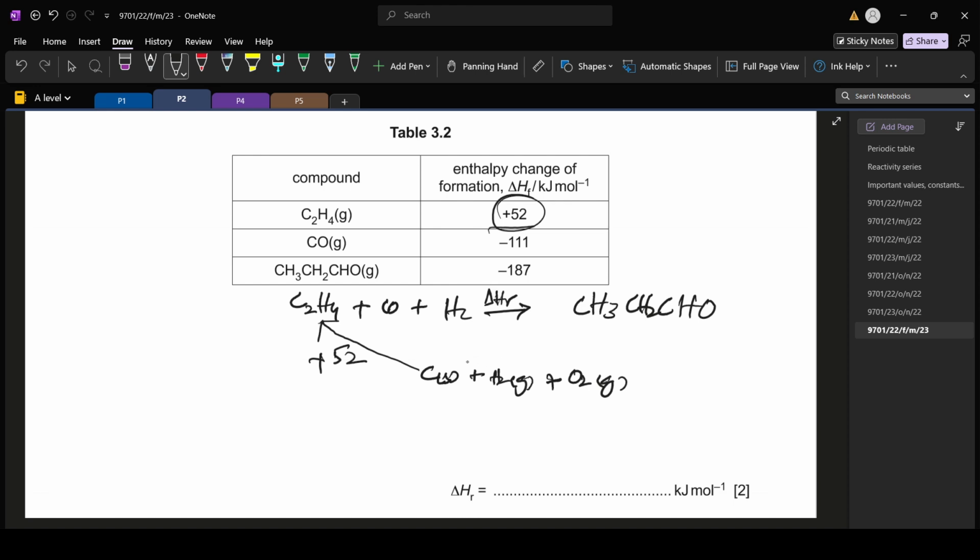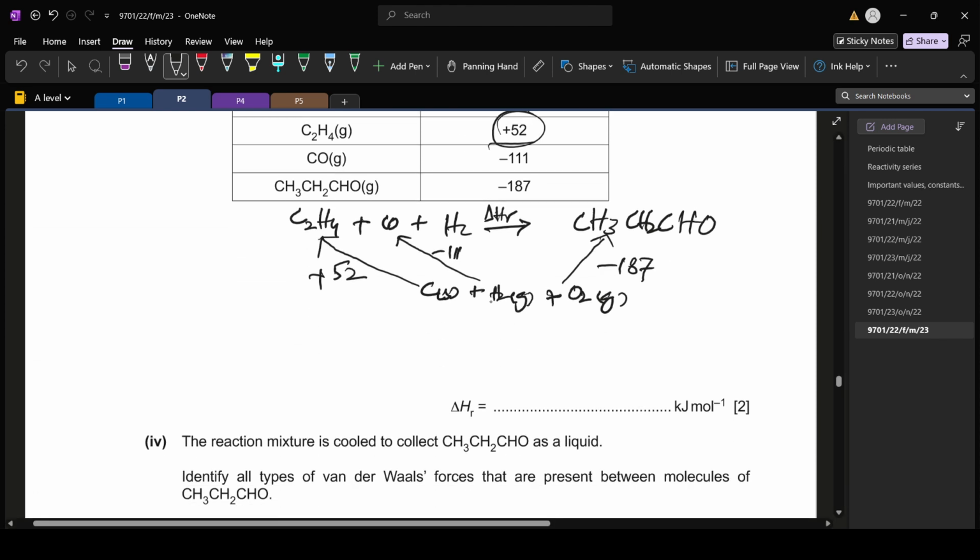And for the carbon monoxide, it's minus 111. And there is no enthalpy change of formation for hydrogen. But the enthalpy change of formation of this propanol is minus 187. So now the cycle is ready.